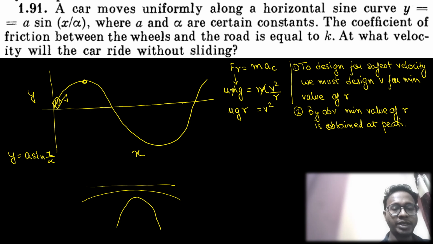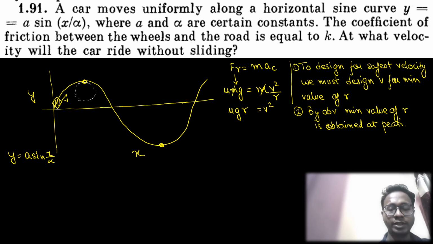So at this peak, the radius of curvature will be minimum. The more curvy the curve is, the lesser is the radius of curvature. Understood this one? So this much was obtained, where r is the radius of curvature. You have to figure out this value of r.